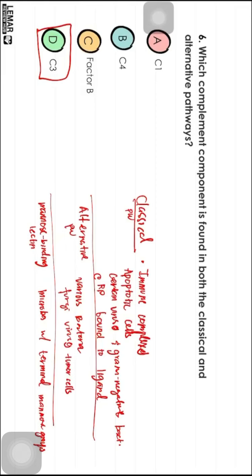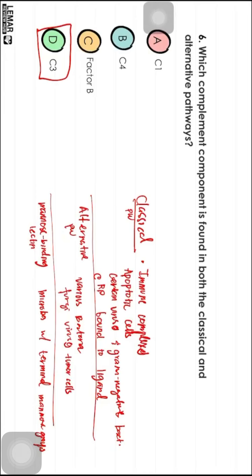So again, C1 is a molecule that initiates the classical pathway. C1q binds to the Fc portion of the antibody. C1r and C1s are proteases that lead to C4 and C2 activation. The cleaving of C4 protein will lead to the production of C4b.